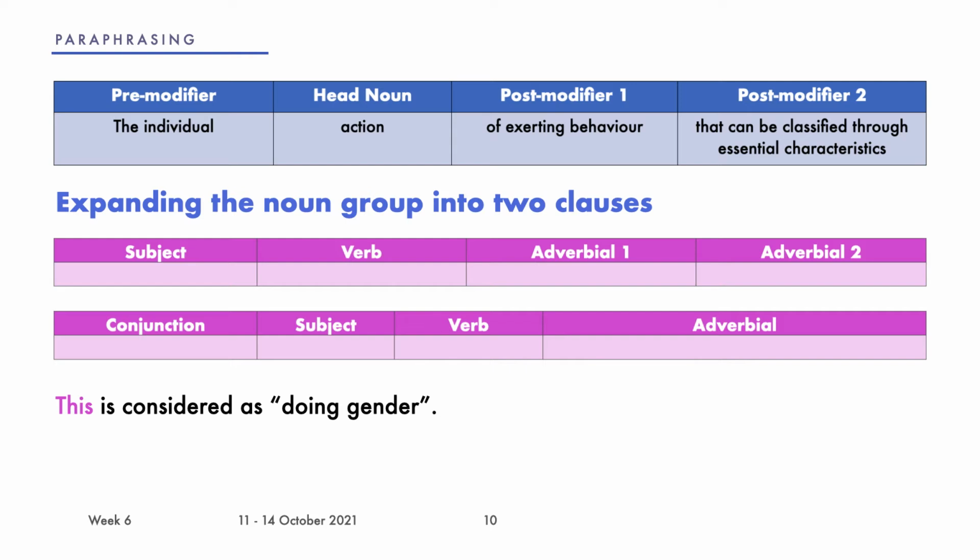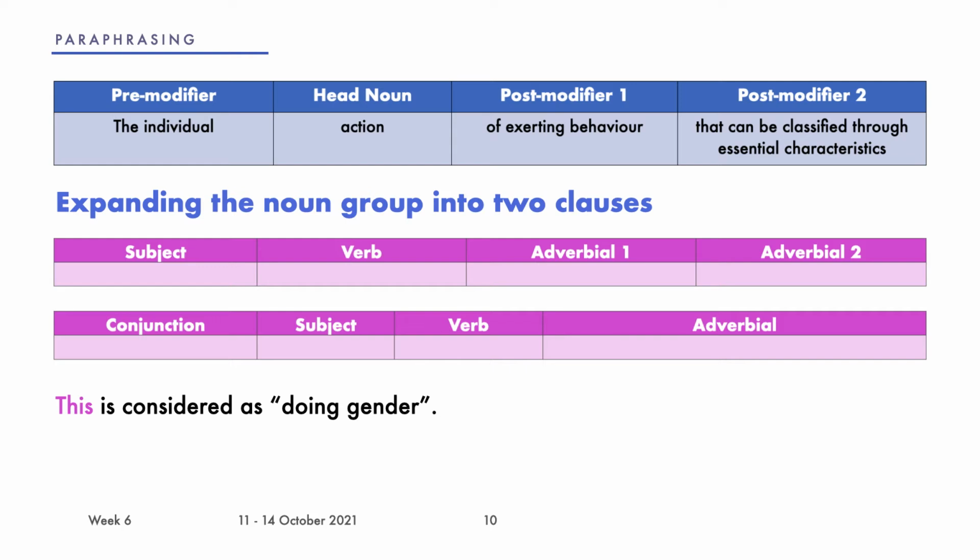Okay, and this relative clause belongs to the noun phrase in post modifier one. It's a little bit complicated here, but I'm sure after some exercises you can differentiate the elements in the noun group.